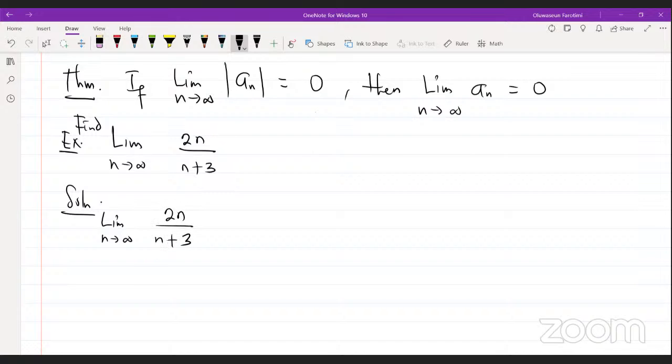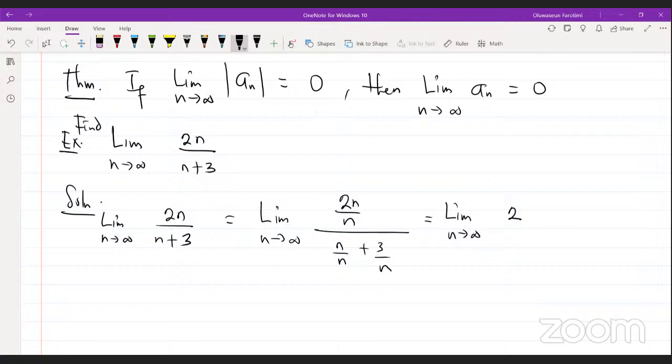If you remember, you divide by that highest power of n. That essentially means the limit as n goes large is 2n over n divided by n over n plus 3 over n. The limit as n goes large, this is 2. If you forget this, you might have to do some review on limits.